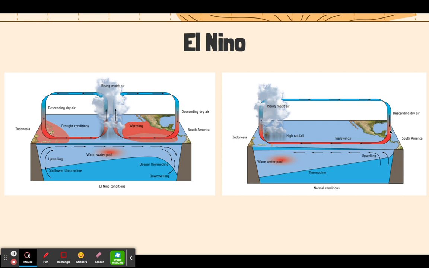Descending drier over here. However, one other short-term change to the Earth that happens is sometimes those trade winds, those reliable winds, slow down. Sometimes they can even reverse. But when they slow down, if the winds change on the planet, El Niño is a good example, this reliable rising moist air over here near Indonesia and Australia won't be as far over, and it can actually get pushed somewhere towards the middle, and it can change the temperature of the oceans in this area.